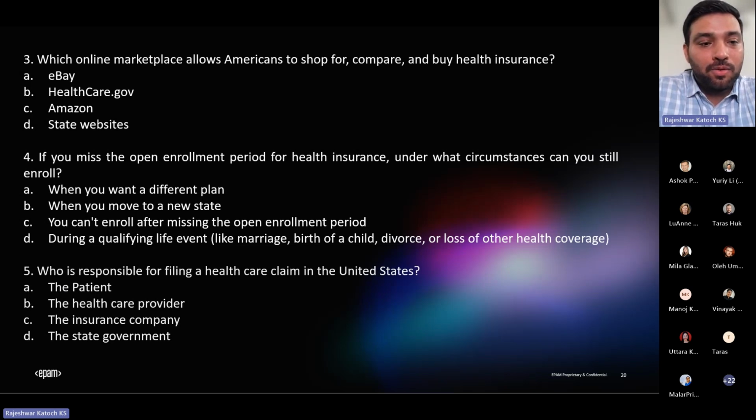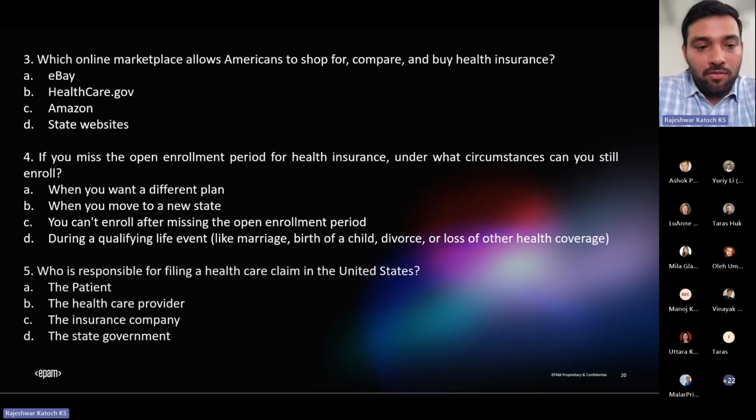Coming on to the fourth question: say, for example, you miss the open enrollment period, which is in the month of November. If you miss it, it's closed and the member cannot enroll. But there are certain circumstances where you can still enroll.